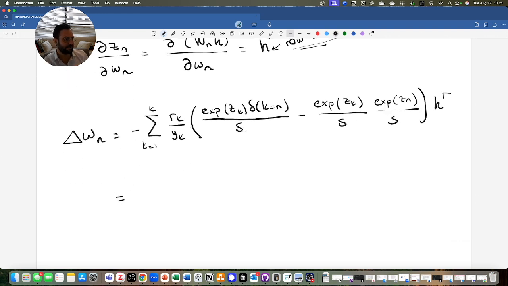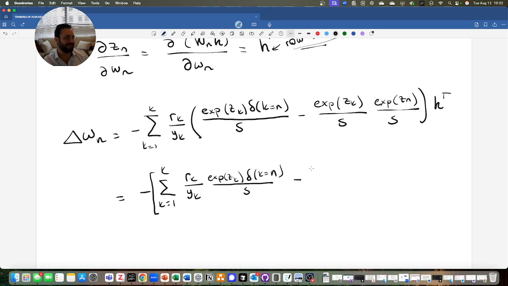So I'm going to keep the negative here so that I don't get messed up. And I'm going to open up a big parentheses here so that I don't get confused. Summation over k equals 1 to capital K, I have Rk over Yk exponential z of k delta k equals n divided by s.